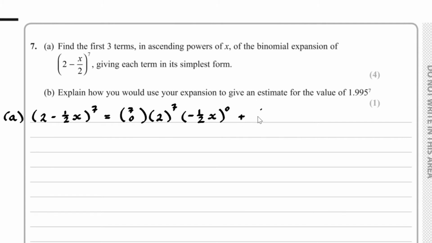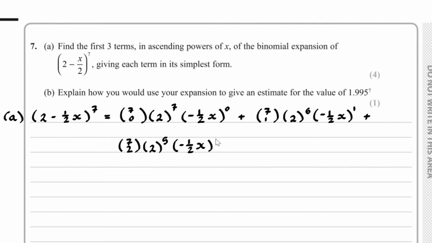The next term, we've got 7 choose 1, 2 to the power of 6, minus 1/2 x to the power of 1. And the term after this, we have 7 choose 2, 2 to the power of 5, lots of minus 1/2 x to the power of 2. And we continue with higher order terms.